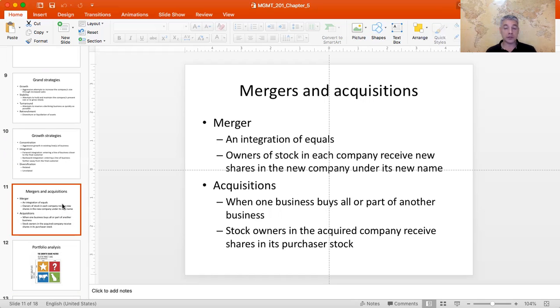So here, this purchaser, the acquiring company, buys all or part of another business, and then stock owners in the target company receive shares in the purchaser's stock, right? So this acquiring company survives, the acquired company does not. So people who used to own the target company now become shareholders of the overall company that has acquired the target company.